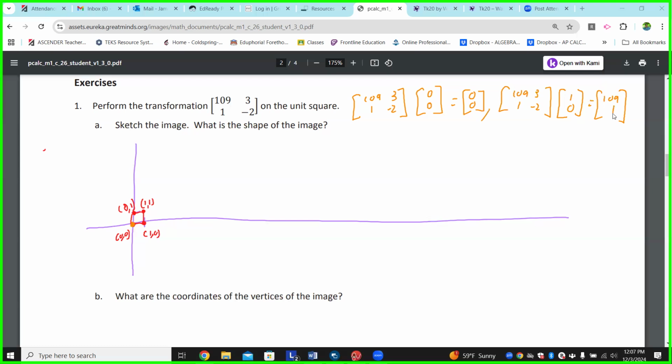Just straight up 1. So my new point will be 109, 1. I did 109 ticks just there to get to this point, and then 1 about right here. That's the new point. So this point is now there. We'll keep going through the process. So again, this will be point 109, comma 1. I wrote it for reference. And then do it again.